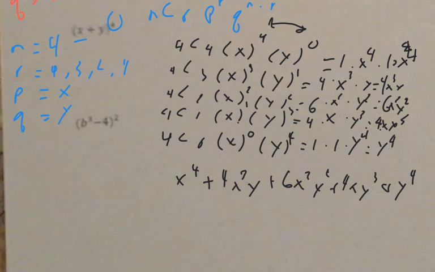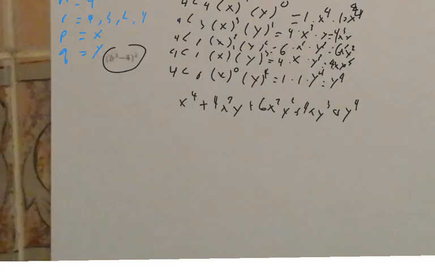Now we'll take a look at our last one, which is right here. I'm going to write it underneath this one. So we have b to the third minus 4, squared. Let's take care of our n values, r, p, and q.